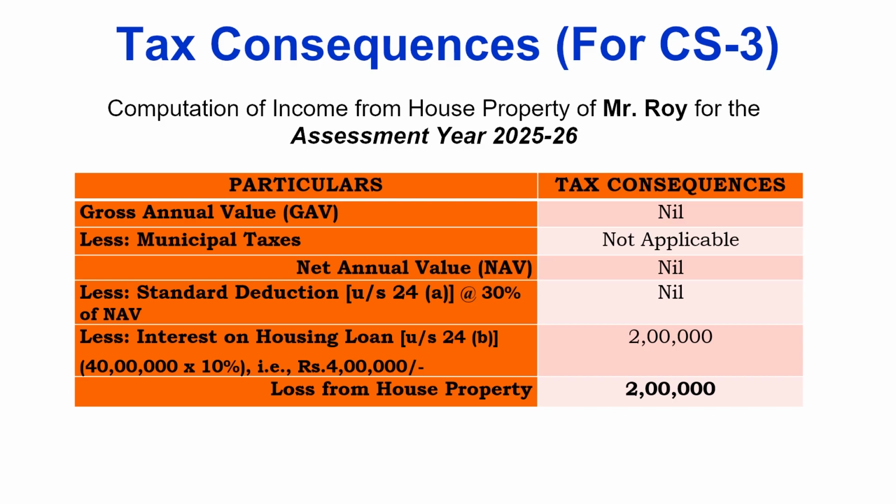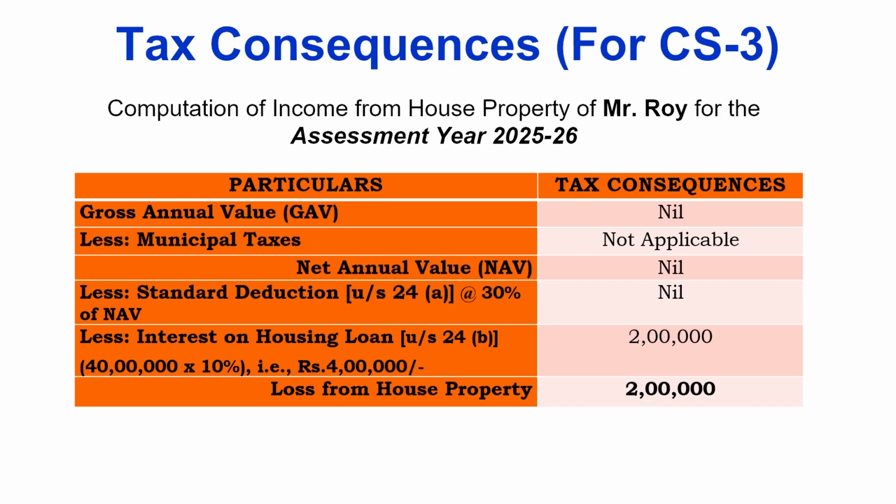Here, it is clear that gross annual value is nil and municipal tax is not eligible for deduction, so net annual value becomes nil. Now, less standard deduction under section 24(a), that is 30% of net annual value, that is nil, less interest on housing loan under section 24(b), that is 10% of 40 lakhs.